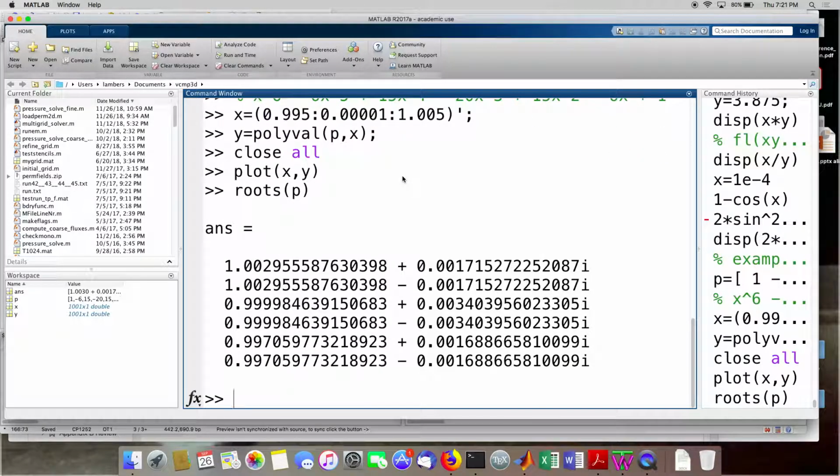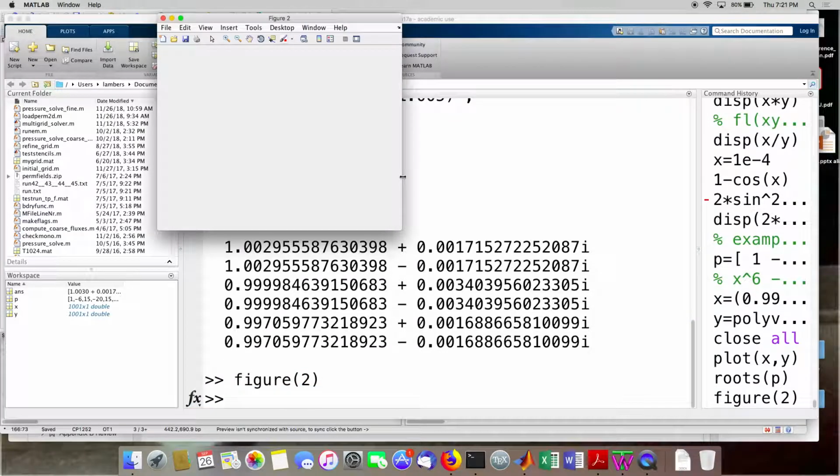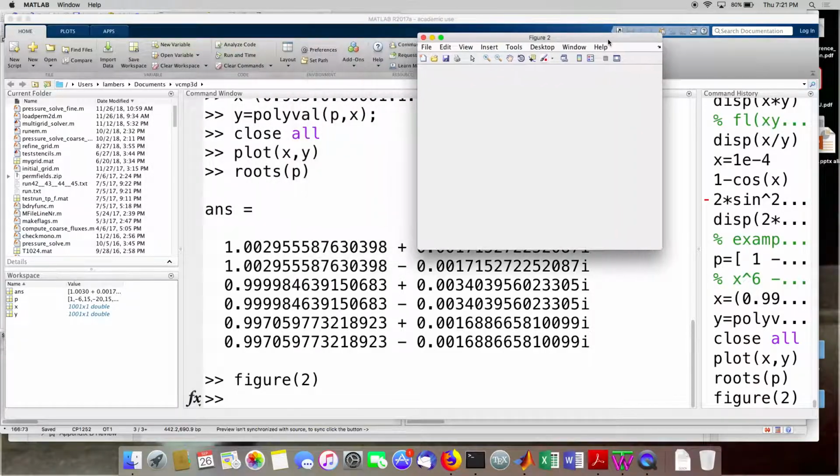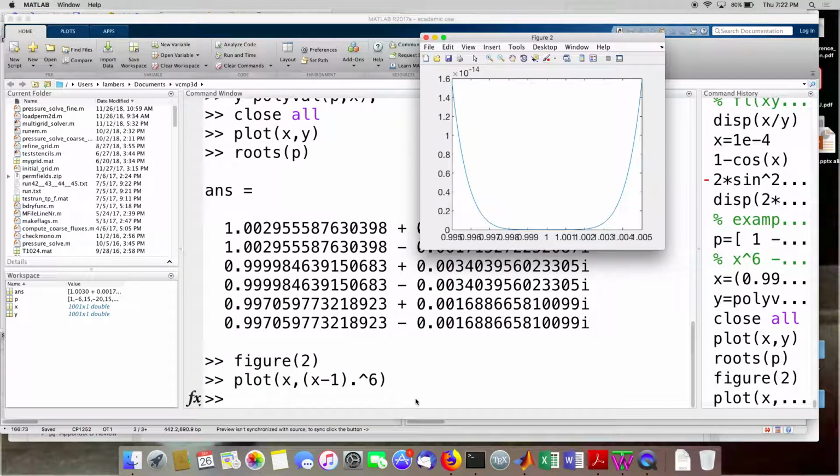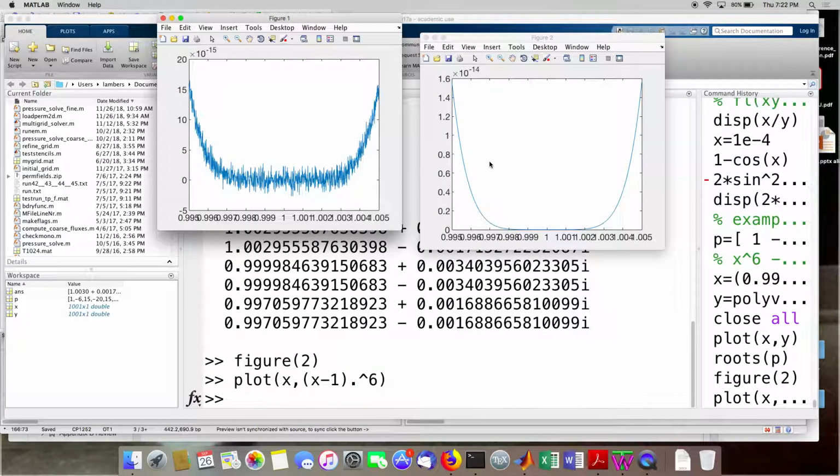So let's graph the same polynomial a different way. I'll make a new figure window, take the same x values, so plot x, and then x minus 1 raised to the 6. And sure enough, look what we have here.